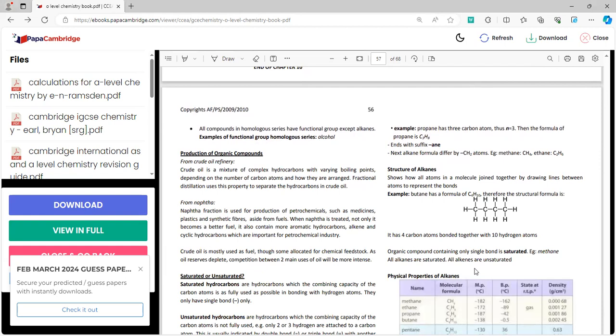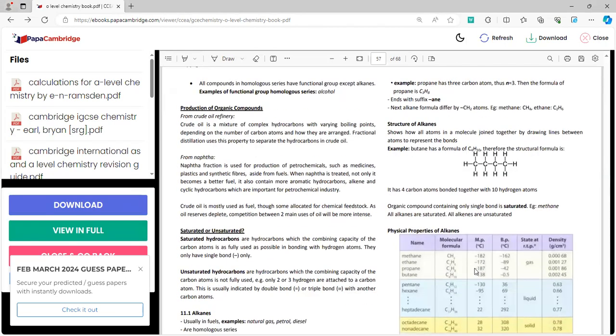Now we'll talk about some of the important properties, the physical as well as the chemical properties of organic compounds. We know that by using fractional distillation, we can easily separate the different constituents of petroleum so they can be used for their specific purposes.